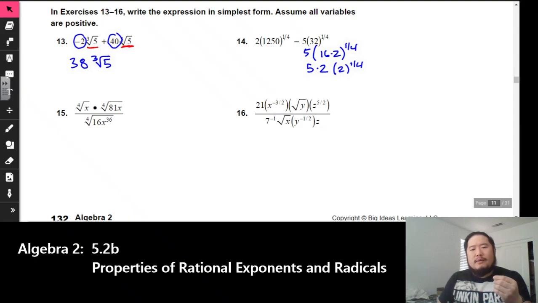If we're going to be able to subtract these, the base has to be the same. So it looks like the base has to be 2. That narrows things down for me, because let's take 1,250 and divide it by 2. That ends up being 625 times 2 to the 1/4 power.